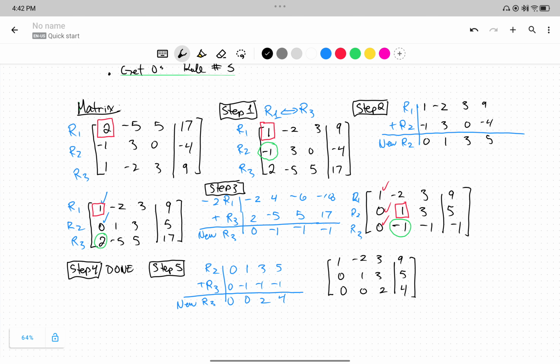Progress check. I needed a 1. I got it. I need a 0. I got it. Next is this guy needs to be a 0. Let's label. Row 1, row 2, row 3.